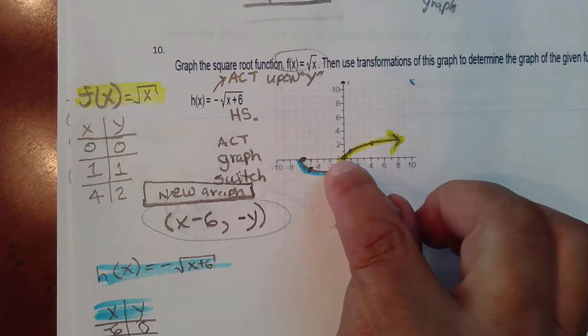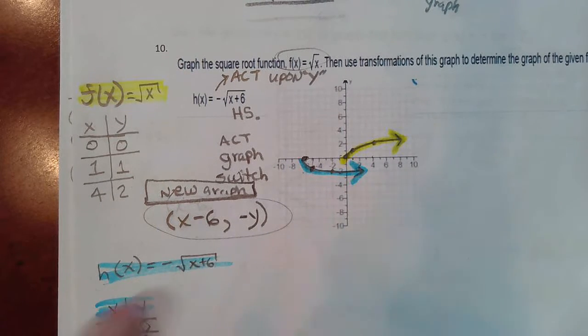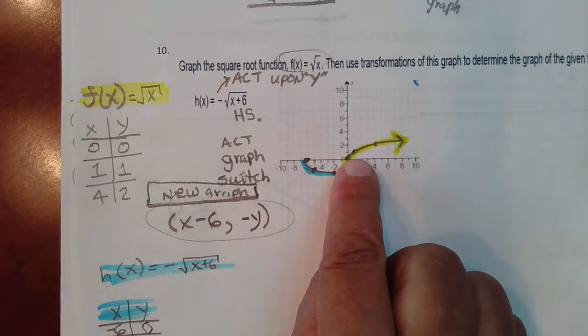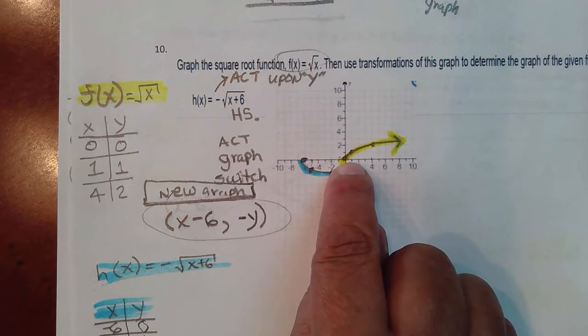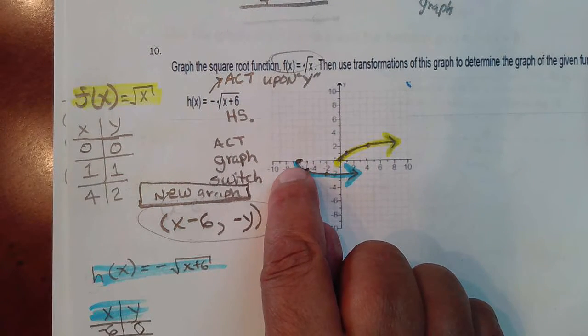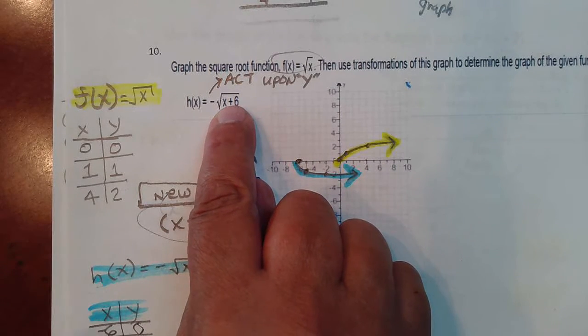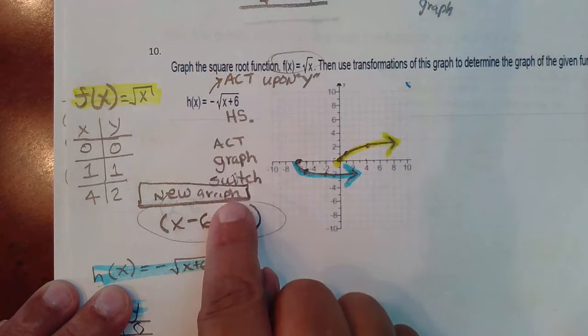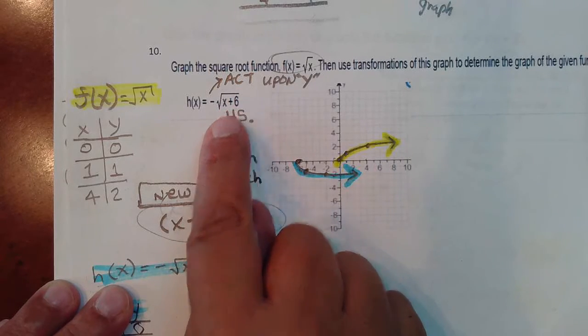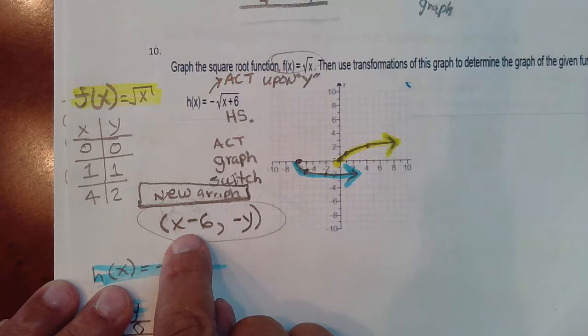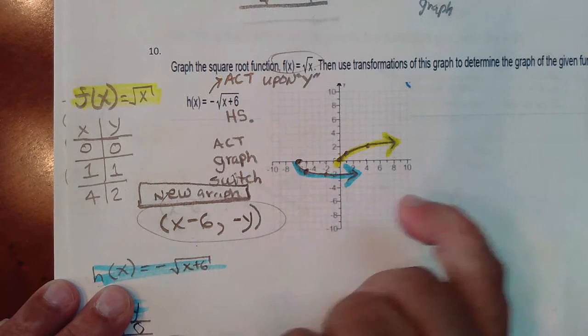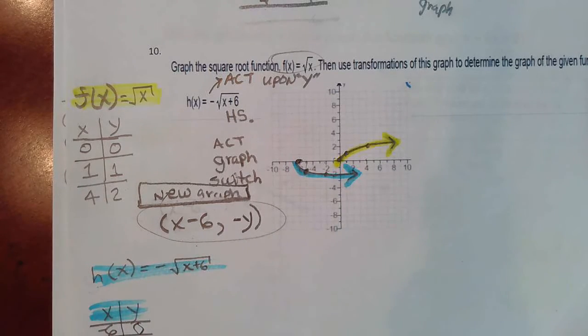That's why this one's going up while this one's going down. Also notice that the stems are in different places, the vertex that starts it. This one's at 0, 0, whereas this stem is 6 units to the left, just like I told you. Even though it appears as a +6 in the equation, that really means you're going to be switching that sign, and that's where that new vertex is going to be. The vertex is this little stem where it starts.